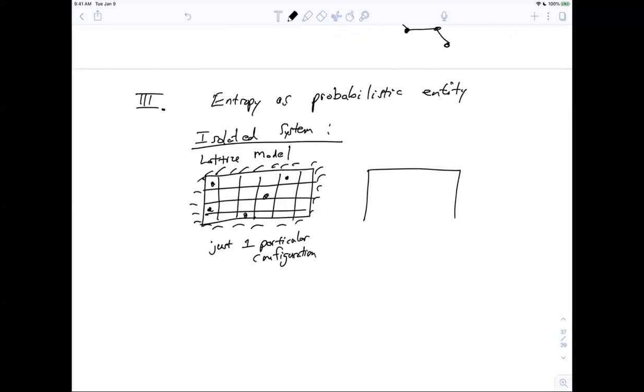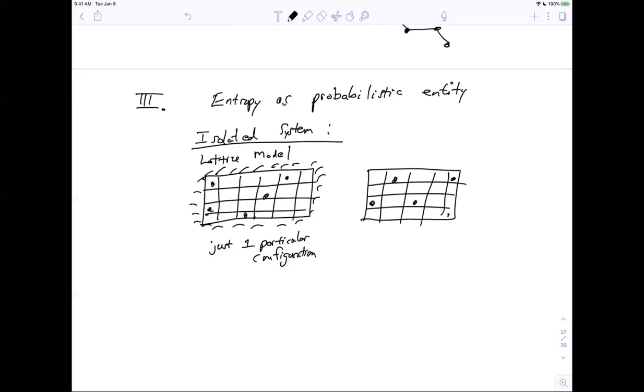Here's another one. And I'm not going to be careful about how many sites, they all have the same number of sites, so just write that down in your notes. And the same number of particles. So it's 1, 2, 3, 4, 5 particles. In this case, I could put particle 1 in a different distribution. 1, 2, 3, 4.